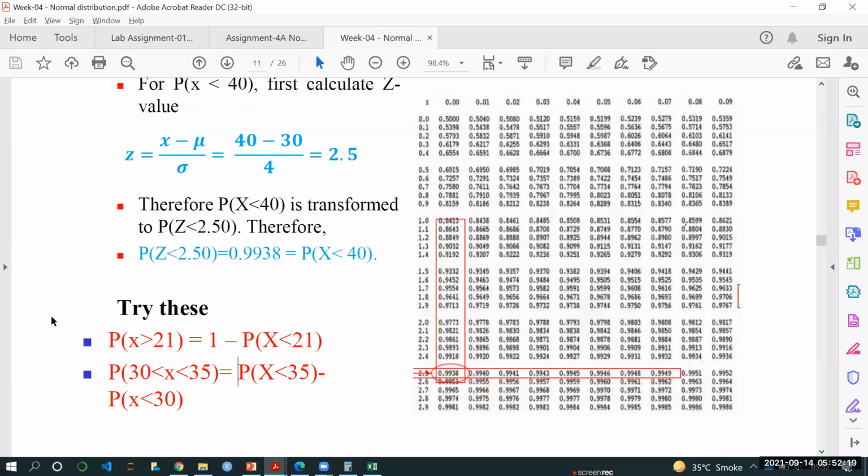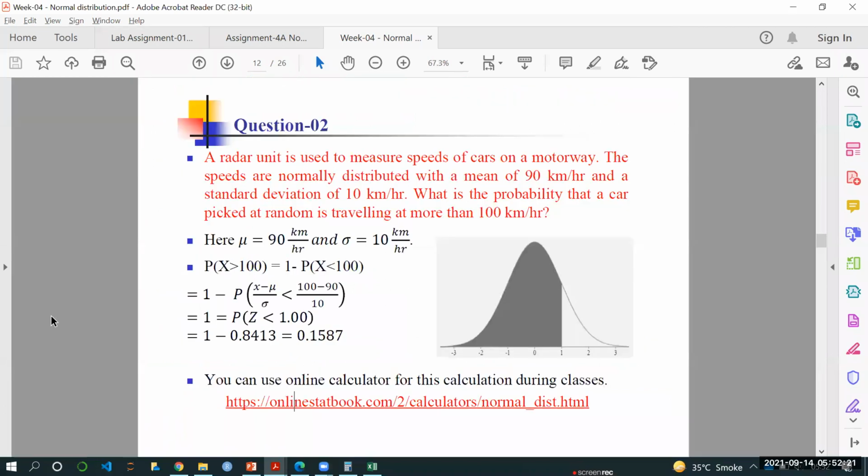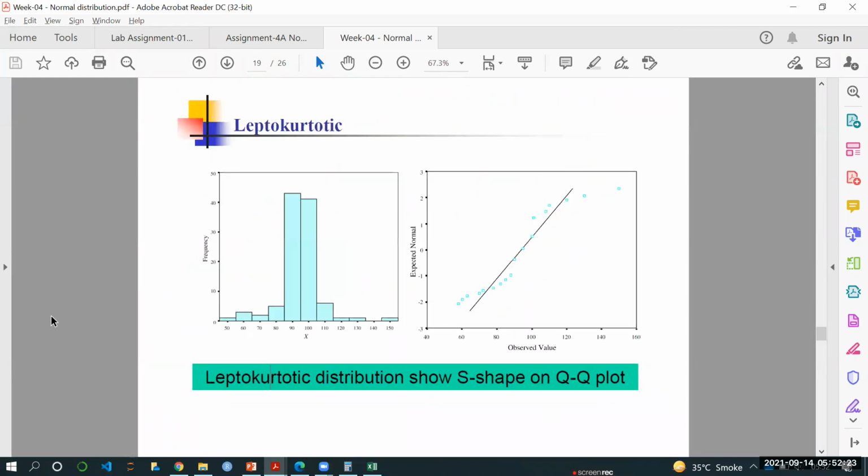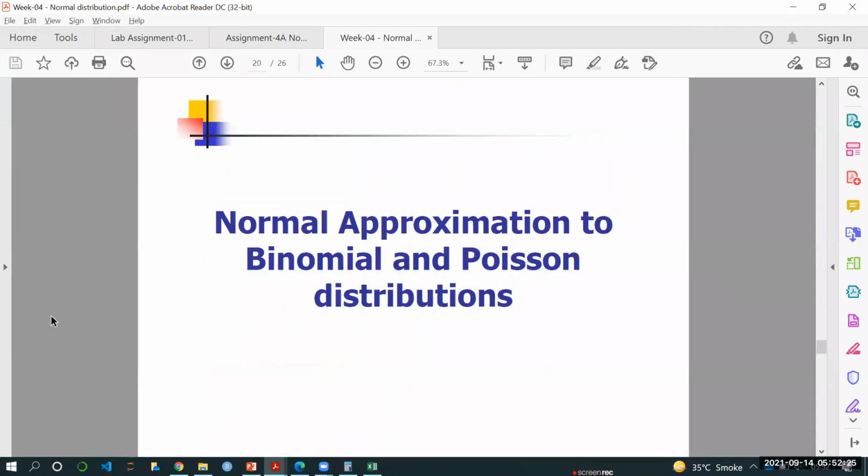Okay, so we can find the probabilities as I explained. Now, there is a problem in the binomial distribution. You know, the binomial distribution has two parameters. One is the number of trials, and the second one is the probability of success.